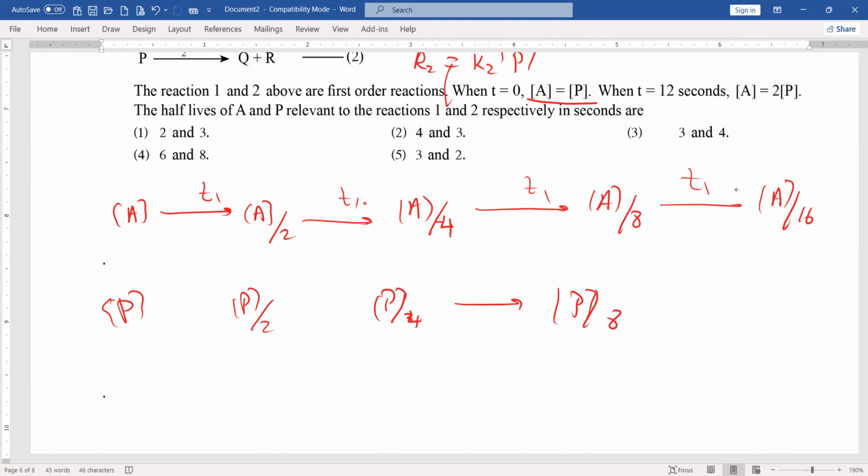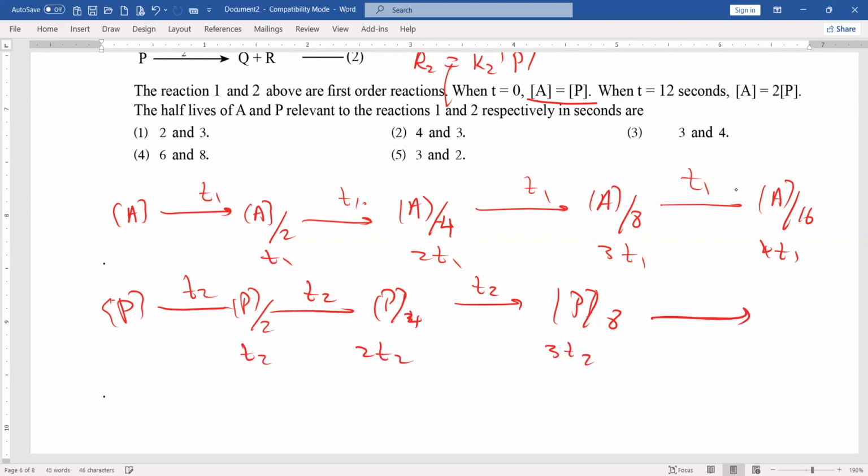For the first half-life T1, then 2T1, 3T1, then 4T1. Here T2, 2T2, 3T2, and here again 4T2, when the P concentration is 16.